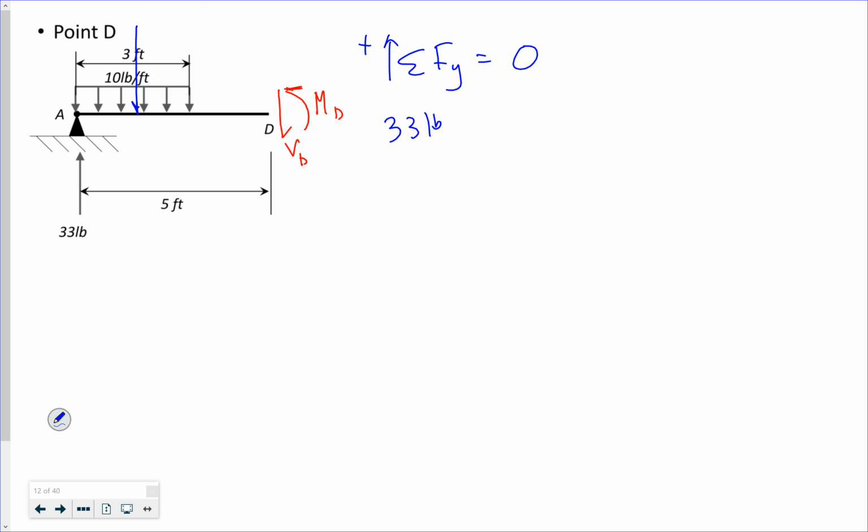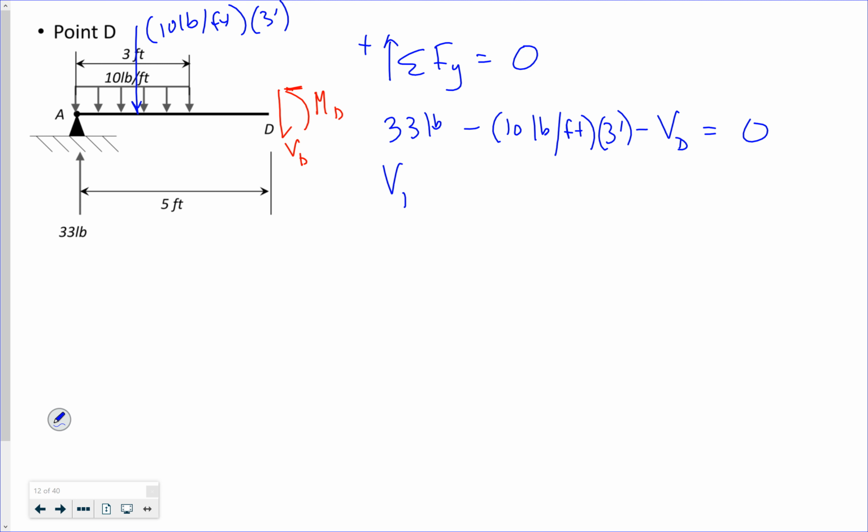Acting down, I have 10 pounds per foot over 3 feet, or 30 pounds. And I have my shear at D. If I solve for that, I get 33 pounds minus 10 pounds per foot times 3 feet, or 3 pounds.